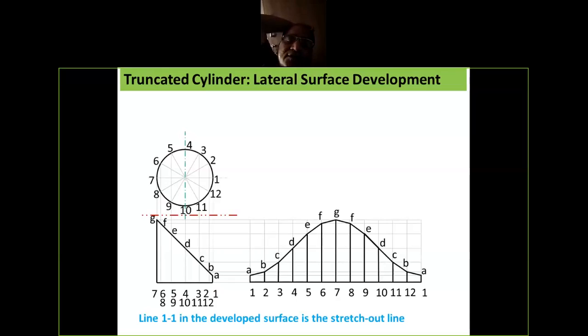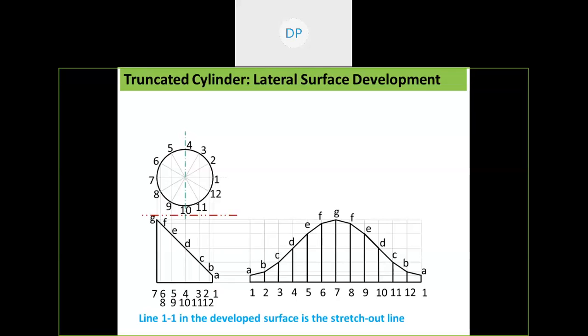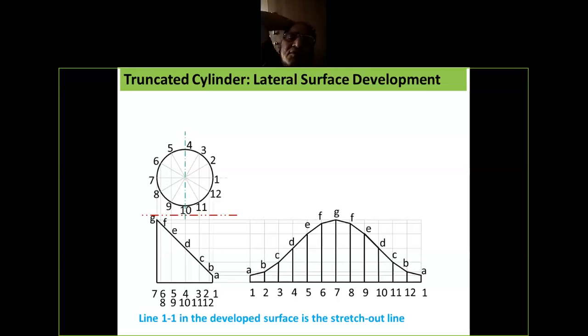Now this circle of the cylinder is divided. Generally we can take any number of divisions, maybe 6, 9, 10, 18, whatever, but a better way is to divide the circle into 12 divisions.